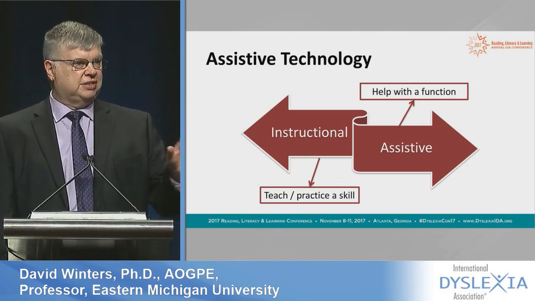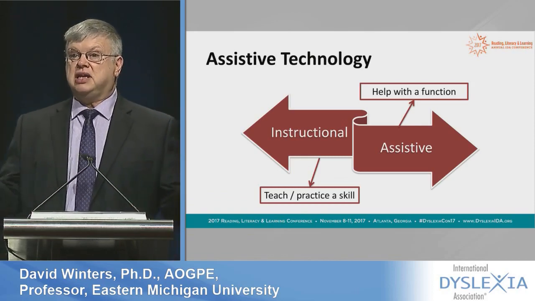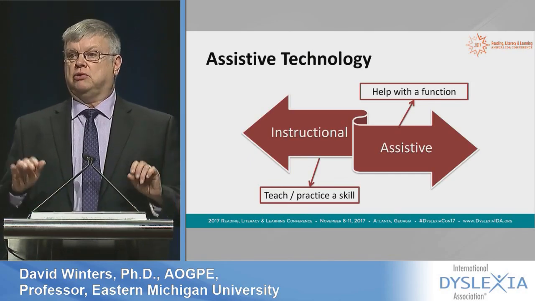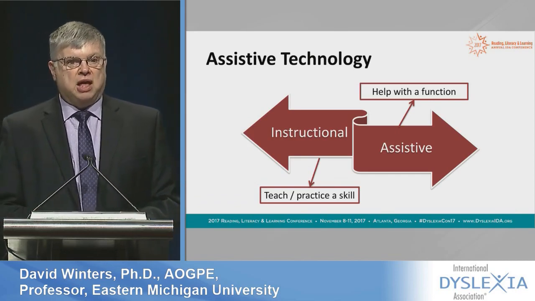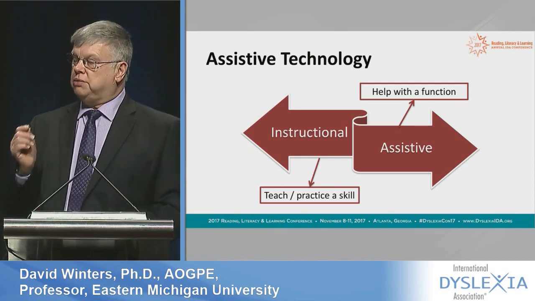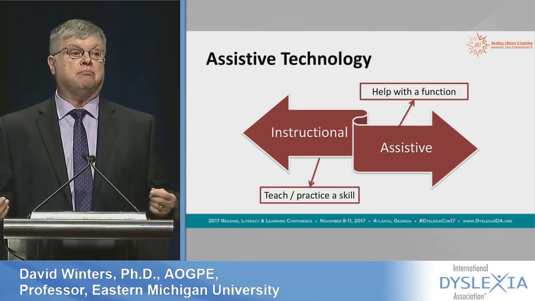A very early assistive technology for that. Not all assistive technology needs electricity. A lot of it is what we call low tech, where there's no electricity involved at all. But it essentially helps somebody do a function that normally they find difficult and sometimes absolutely impossible.